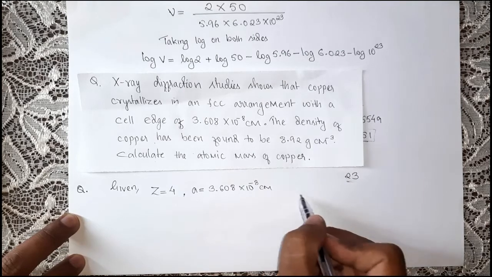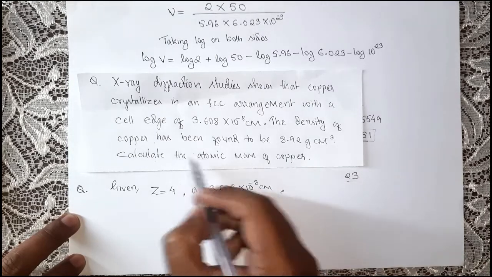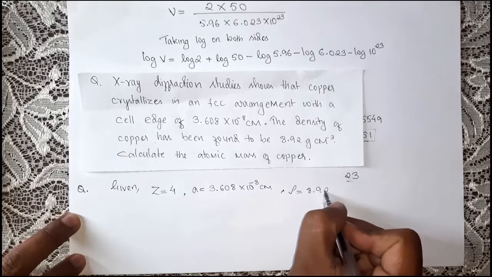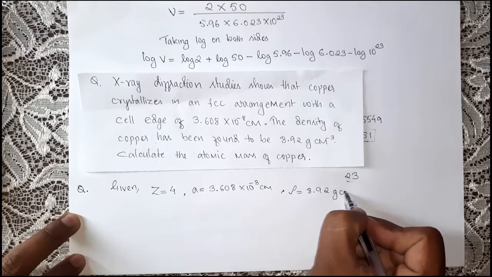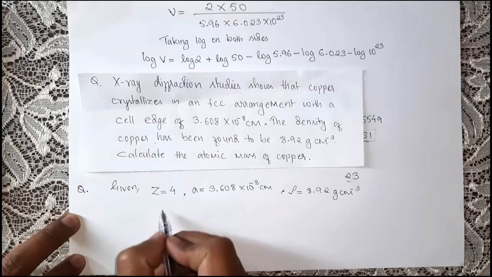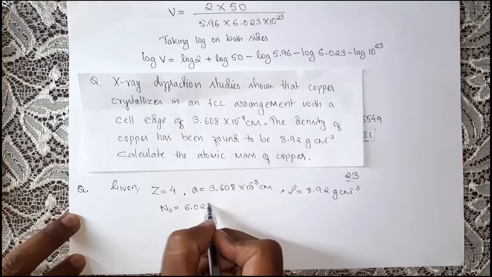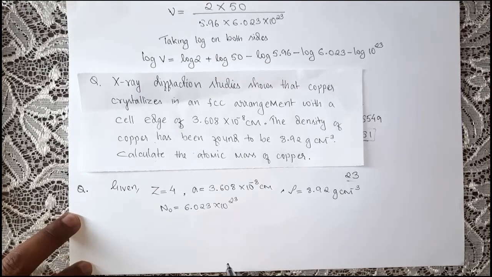You can write it down as it is. And then you have density, so density is 8.92 gram per centimeter cube. And you have your Avogadro's number, which is 6.023 into 10 to the power 23.